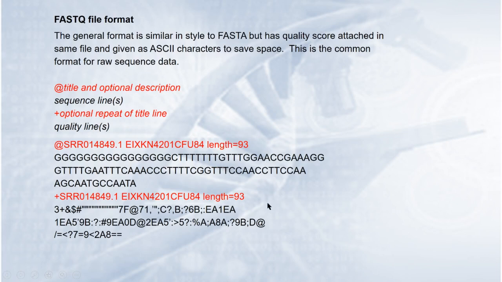So this is a typical Fastq file. And then there can be an optional repeat of that original title. It's optional. And then that's followed again by a parallel set of quality scores. And you might be going, wow, those do not look like Phred quality scores, but they're actually just the ASCII representations, the single character representations of those same quality values.